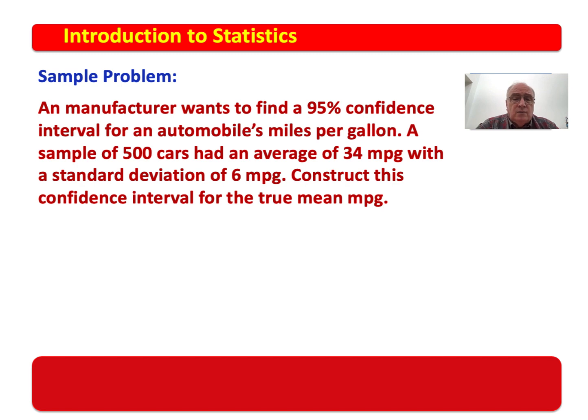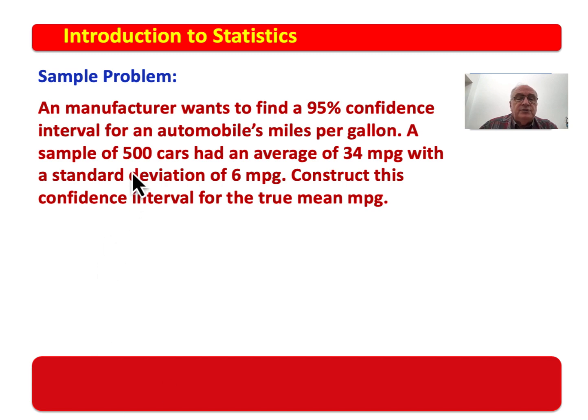We don't know what the true mean of the population is, nor do we know the standard deviation of the population. What we can do is take a sample of 500 cars, and when we sample those 500 cars, we can determine X bar, we can determine S, we know the number in the sample, and then we can construct a confidence interval for the true mean.